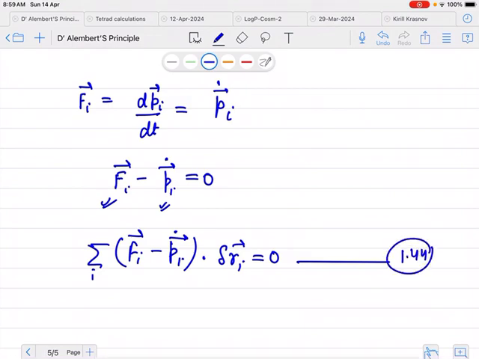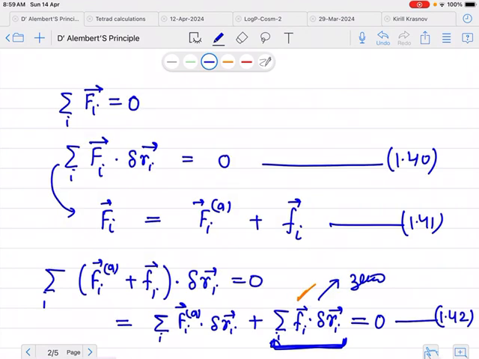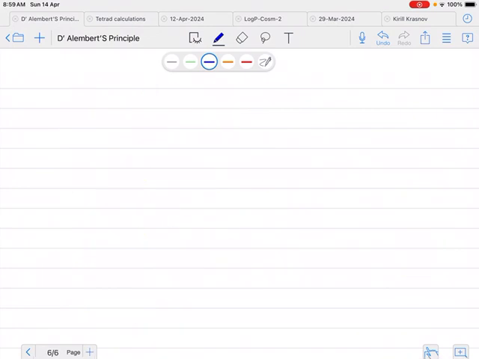And making the same resolution into the applied force and the force of constraints, means put this equation into the previous one, this equation may be 1.42. So this equation becomes Fi A minus Pi dot del Ri plus work due to the constraint force.